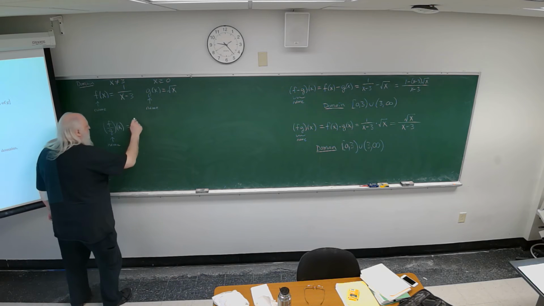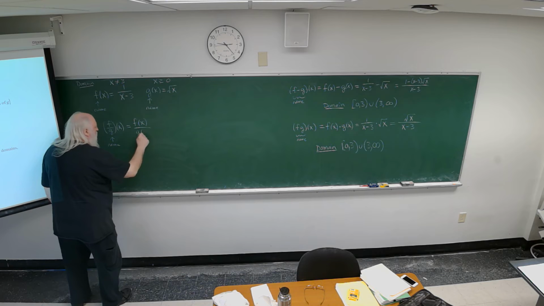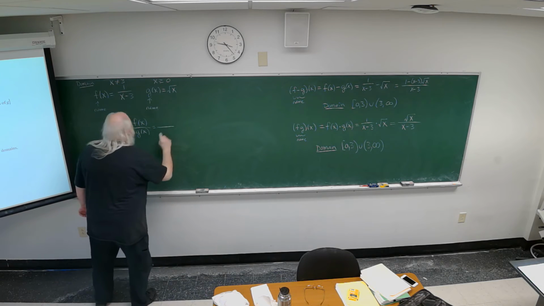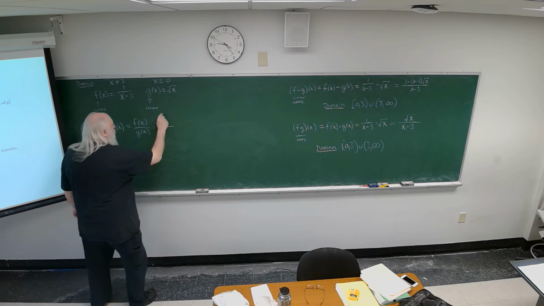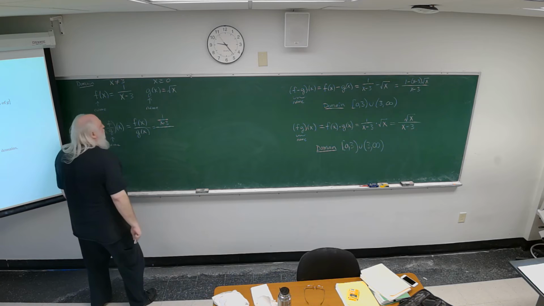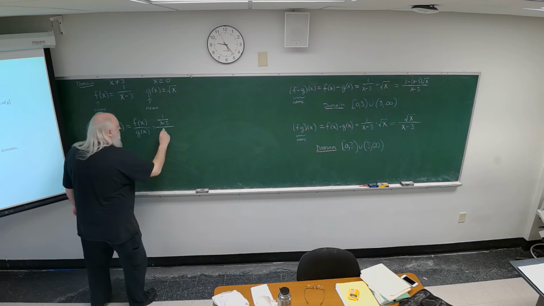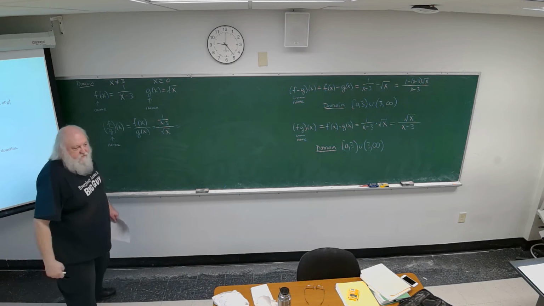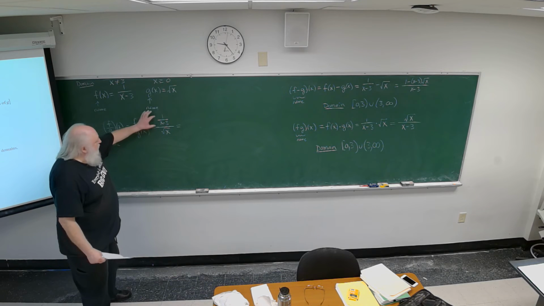And it's found by dividing f of x by g of x. F of x is equal to 1 over x minus 3, and g of x is equal to the square root of x. And now you should recognize this is a complex fraction, right?